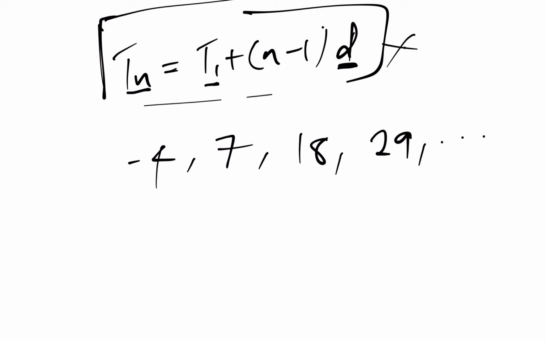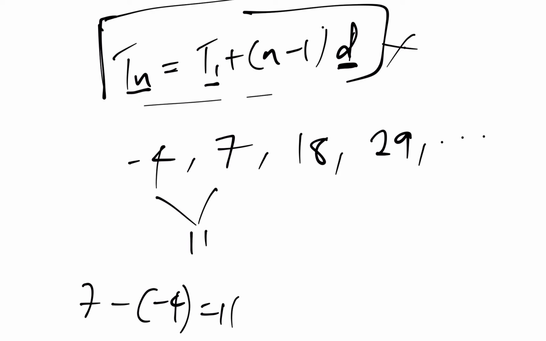First we have to find the difference between -4 and 7. To find the difference, we say 7 minus -4, and that's 11. Then we find the difference between 7 and 18. We say 18 minus 7. That's also 11.